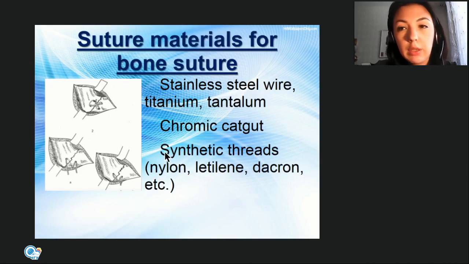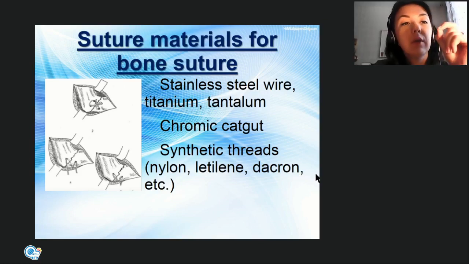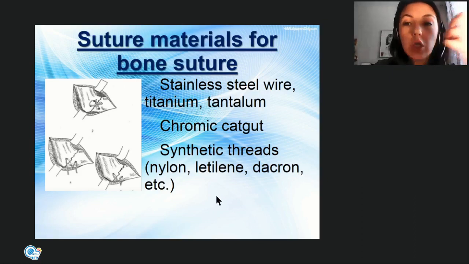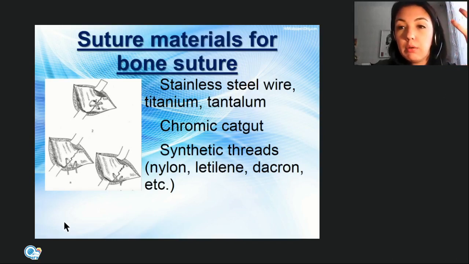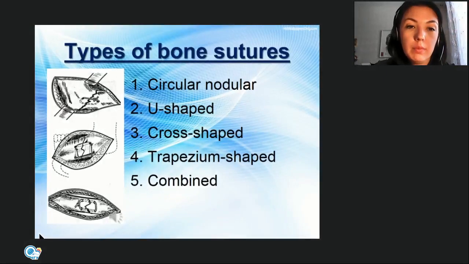And if we talk about synthetic threads, it can be nylon or polyethylene or dacron, but certainly they must have a rather large diameter. When we were talking about vessels, we said the diameter should be very small. But here in the bone, it's vice versa. Diameter should be large to be very firm, not to be broken, because the load is very high.